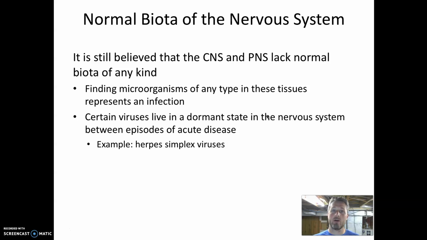And all I would point out about these viruses that infect us and then go dormant in our central nervous system or in our nervous system in general is that these are not normal inhabitants of our microbiome. These are infectious agents. Their presence is an infection and is causing disease. So we don't classify those as normal biota, even though they've sort of gone dormant in those cells. That is still an infection.